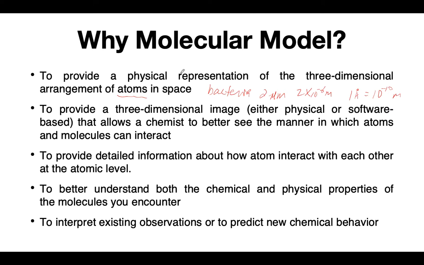And also the molecular model can interpret observations or predict new chemical behaviors. For example, if you study some particular molecule and find out that it has unique physical properties, you can use the molecular model to explain why that particular molecule has such a unique property.